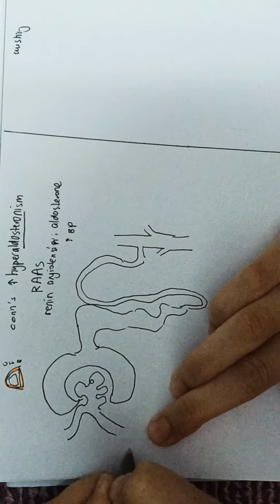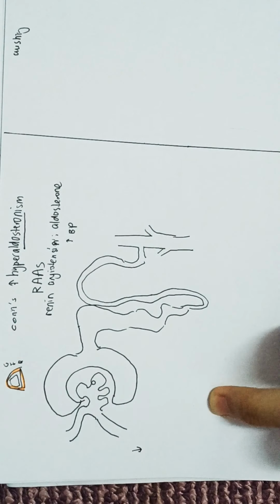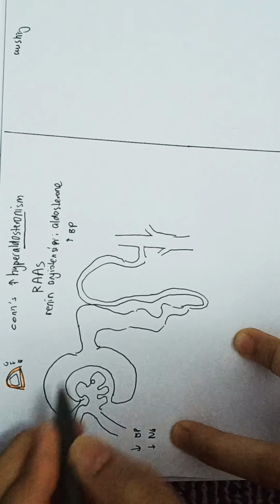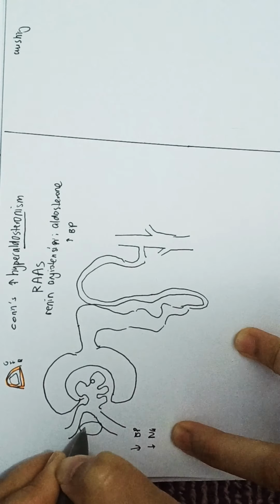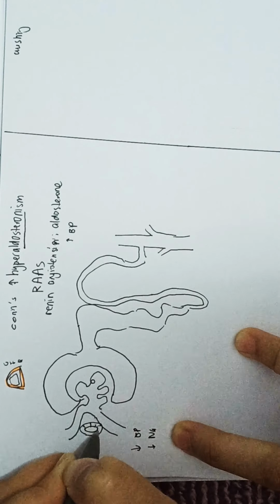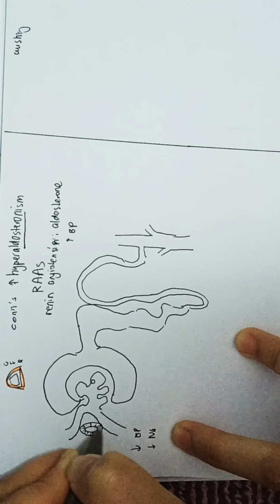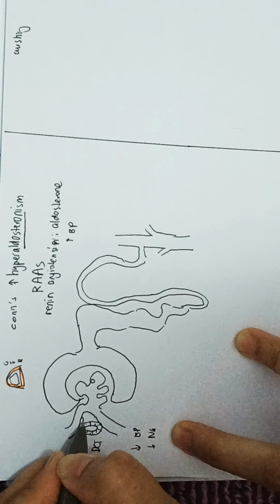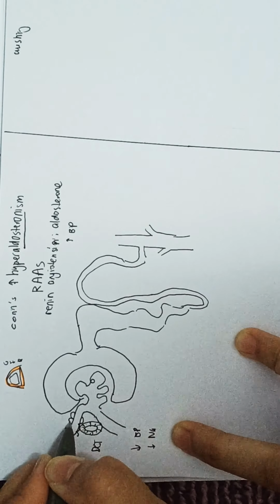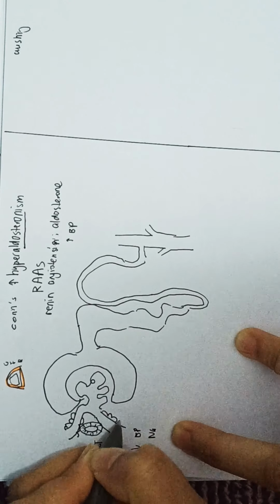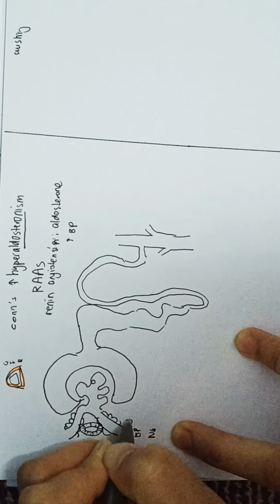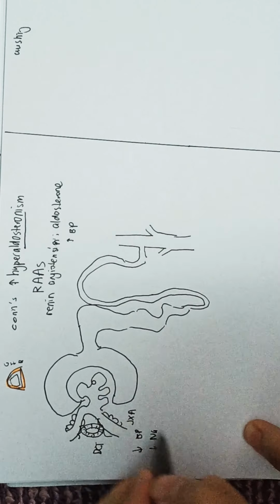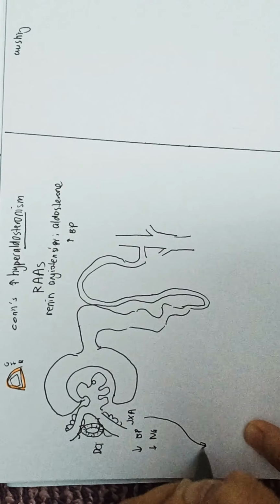So what we have here, when there is low BP or low sodium, the macula densa will detect these conditions. The macula densa is basically a cell lining from the distal convoluted tubules, and it gives a signal to the juxtaglomerular apparatus. The juxtaglomerular cells will produce renin.